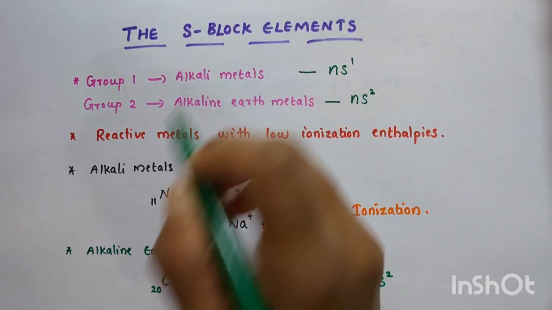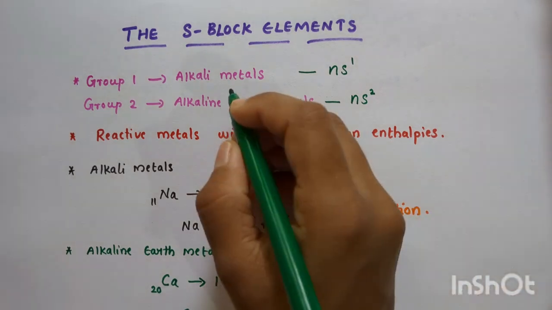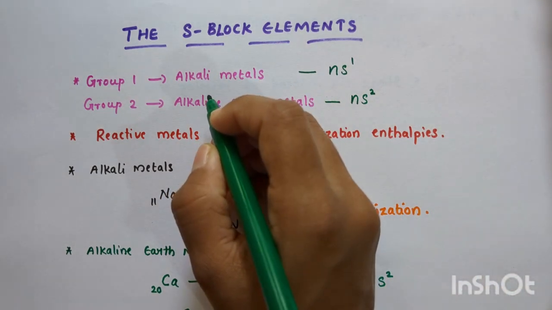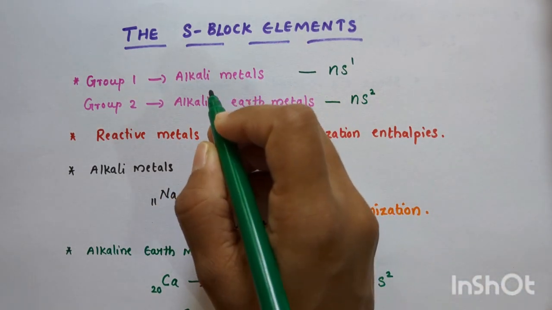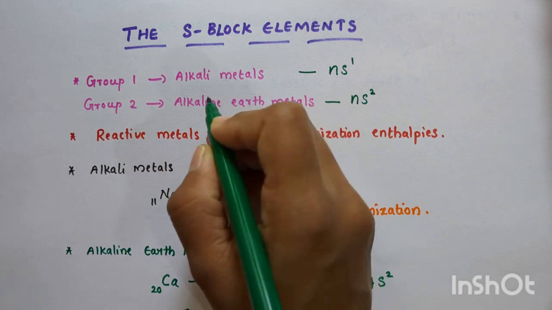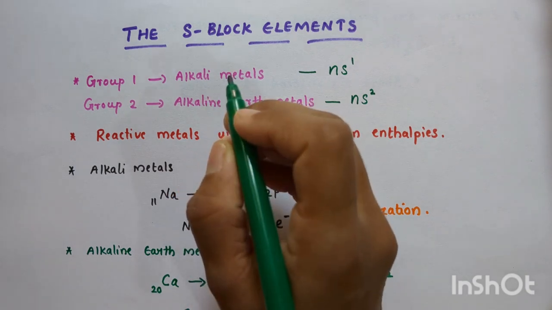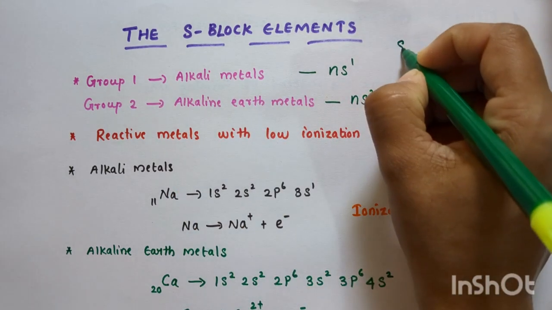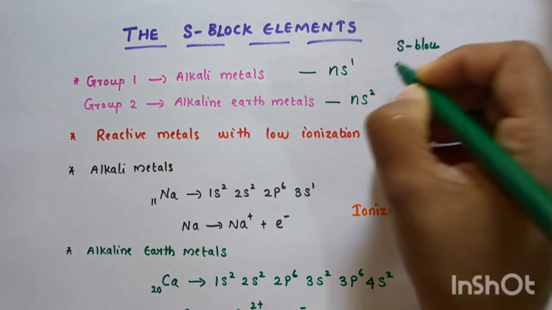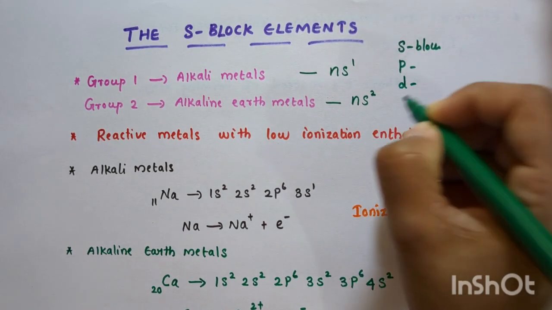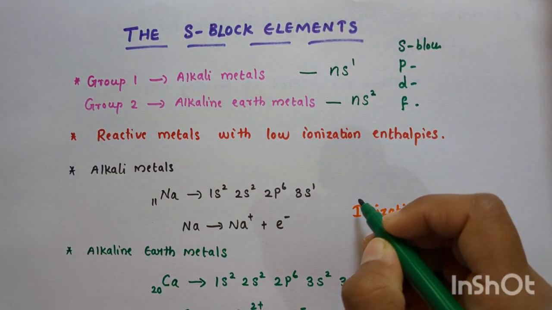The modern periodic table is divided into 4 blocks based on the subshell in which the last electron enters. They are S block, P block, D block and F block.